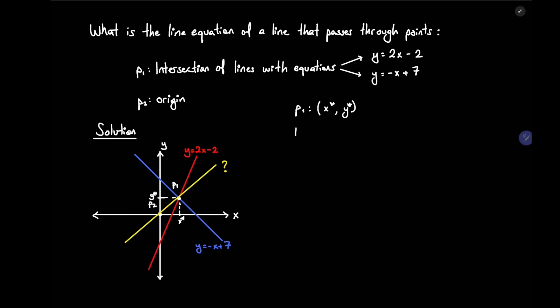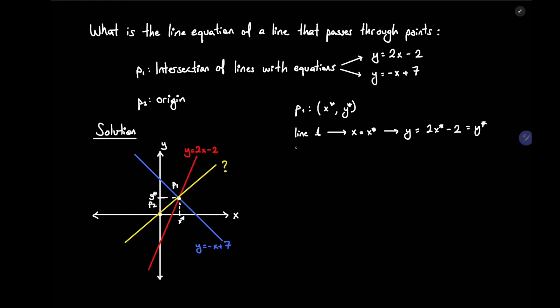According to line 1, which is y equals to 2x minus 2, when we have x equals to x star, we will have y equals to 2x star minus 2, which is equal to y star.